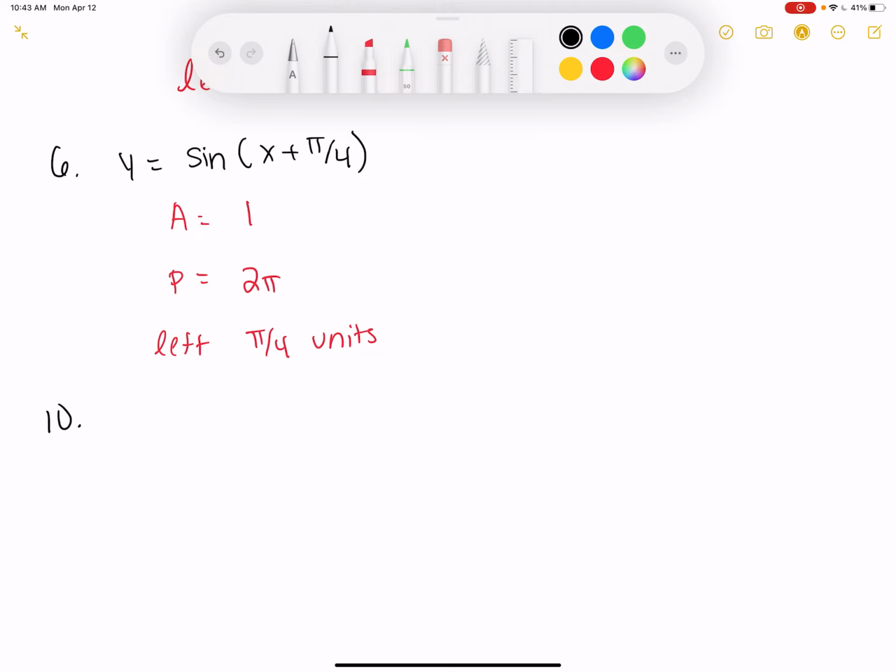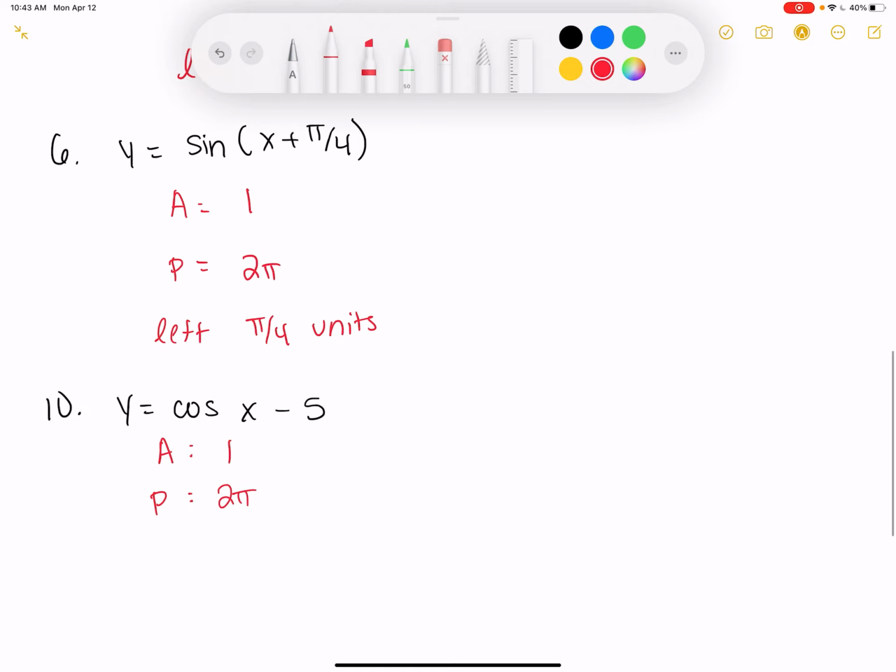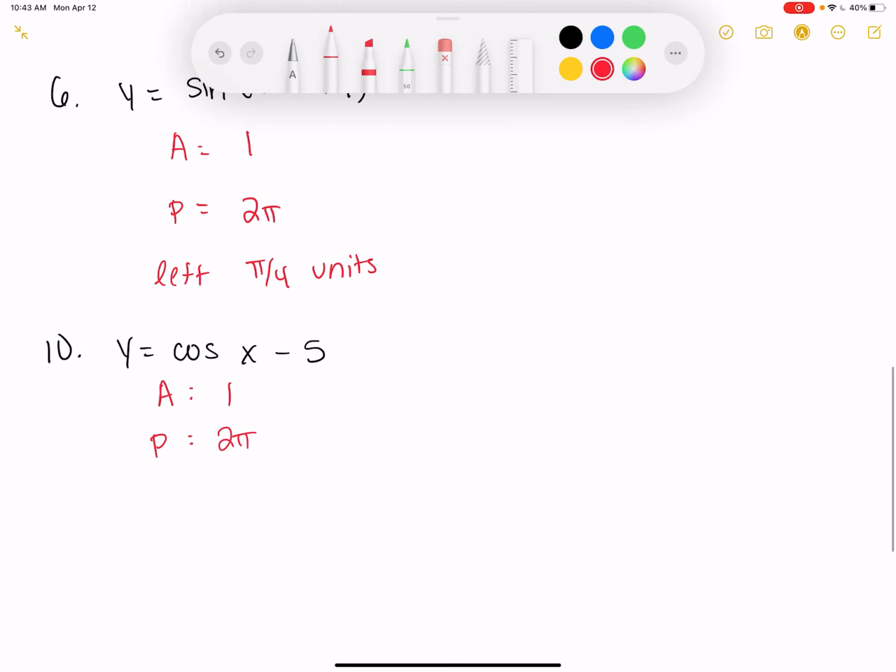10. Y is equal to the cosine of x minus 5. Amplitude 1. Period 2 pi. It is not right 5. It is not left 5.